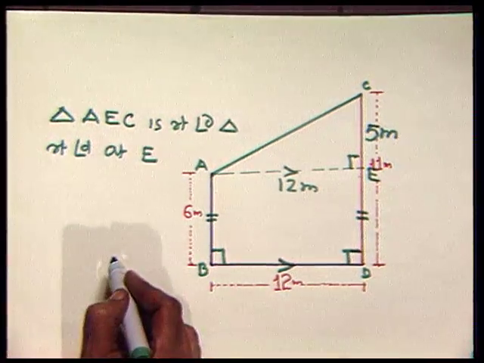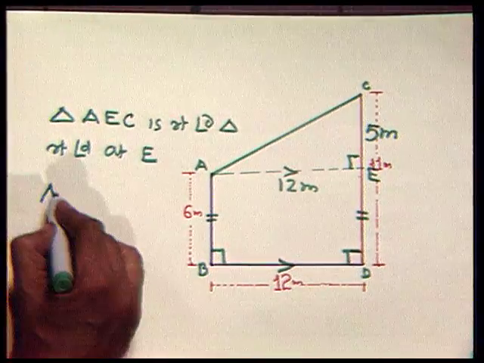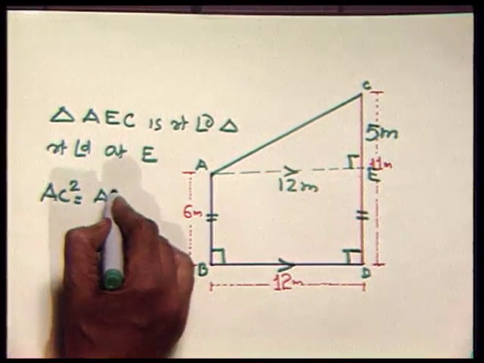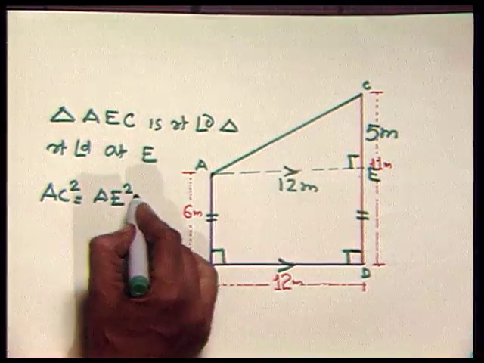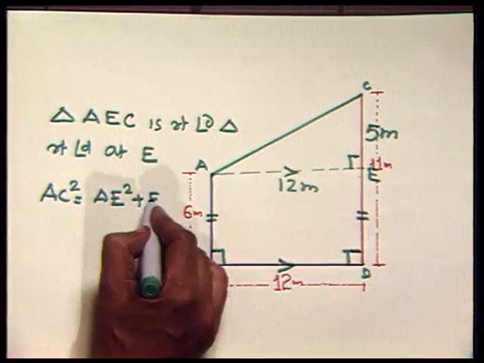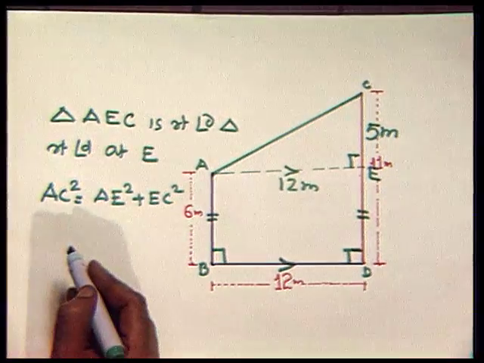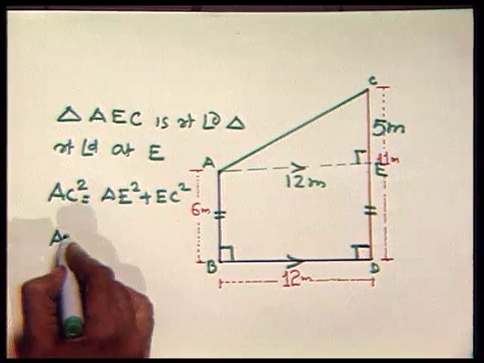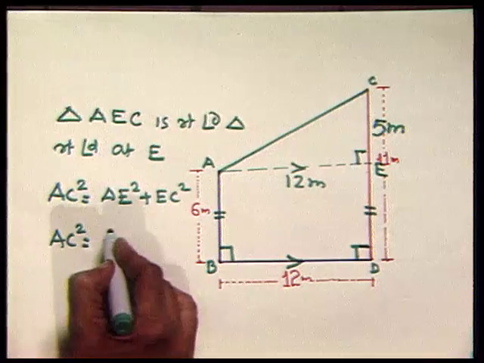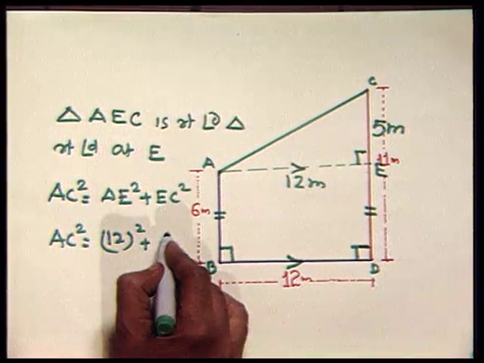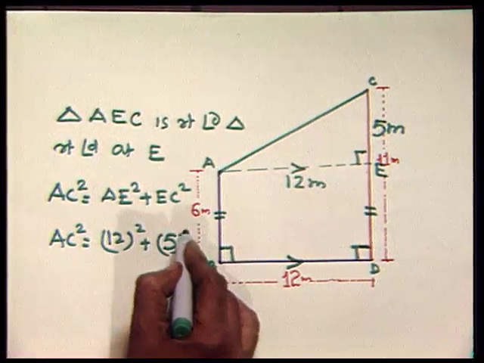So applying the Pythagoras theorem to this, we find that AC square is equal to AE square plus EC square. Since we have to calculate this AC, that will remain AC square. AE is 12 units, so 12 square, plus EC is 5 units, so 5 square.